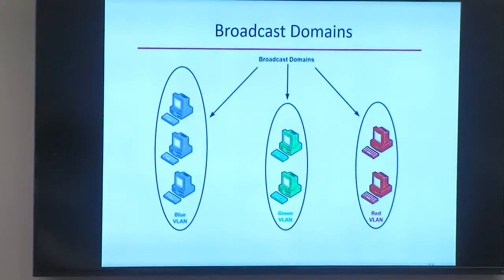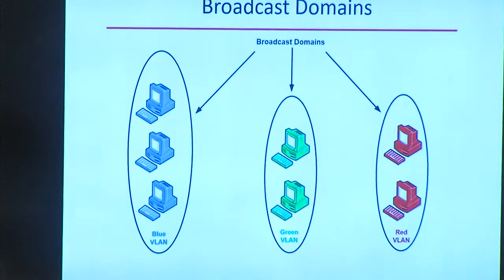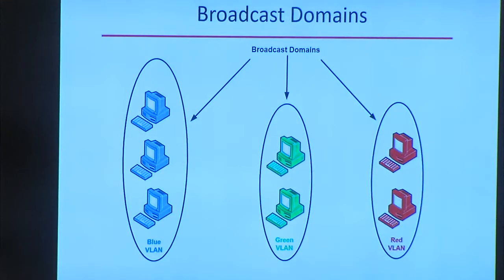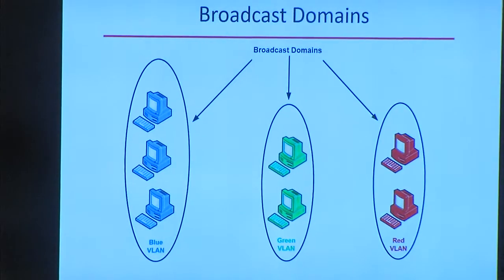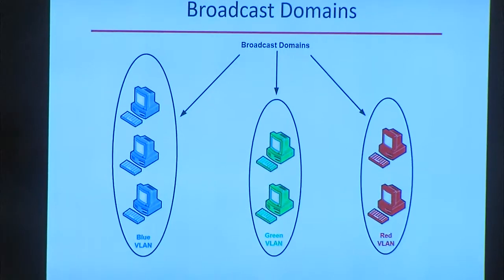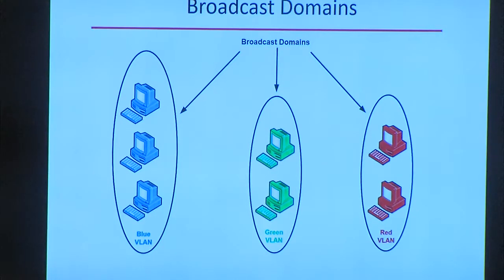When we build this, we have created basically 3 broadcast domains. Remember, we had a collision domain that was associated with Ethernet switch segments. Okay? We have a broadcast domain which defines how far a broadcast from a host will travel.